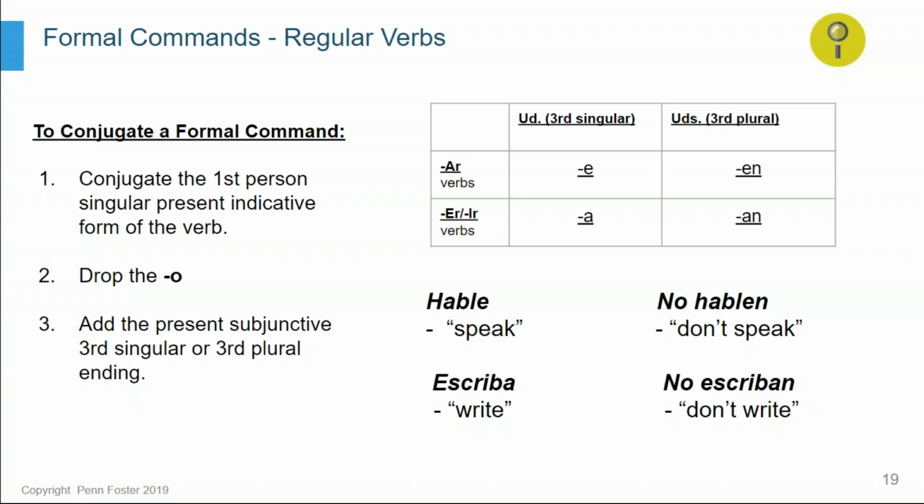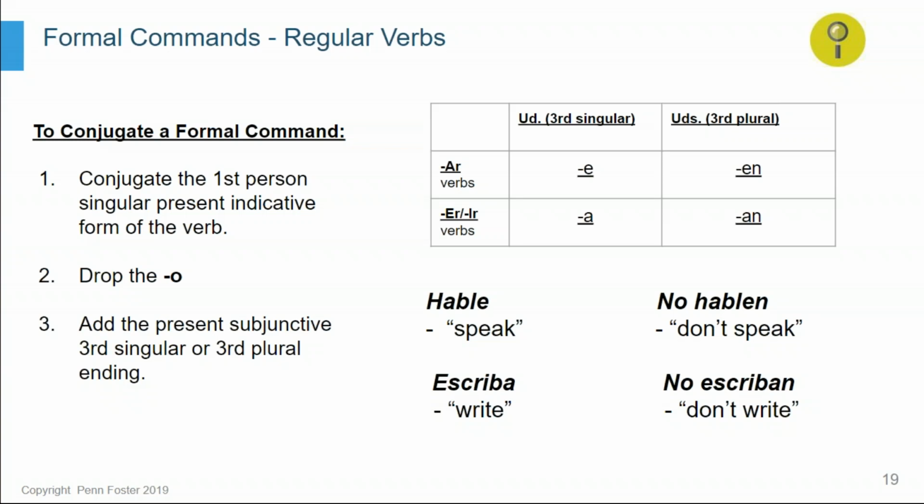You're going to conjugate the verb to first person singular present tense, remove that O, which it'll end in, and then use either the third singular or the third plural ending seen in the chart on the top right to attach to what's left over after you've dropped the O.